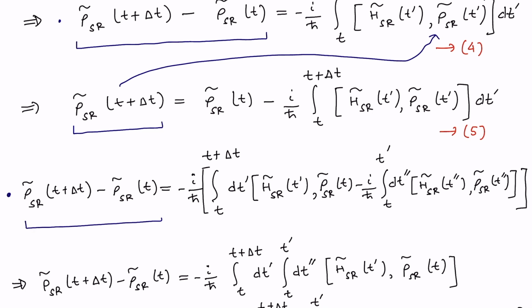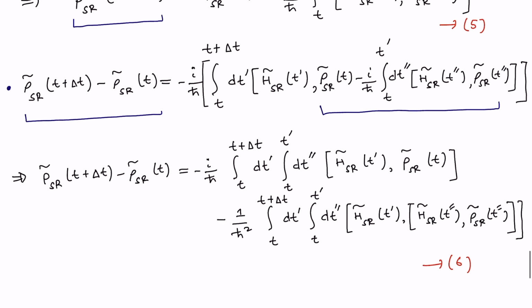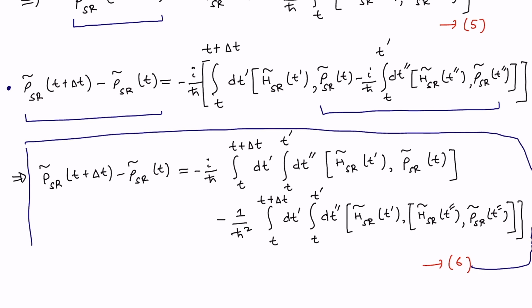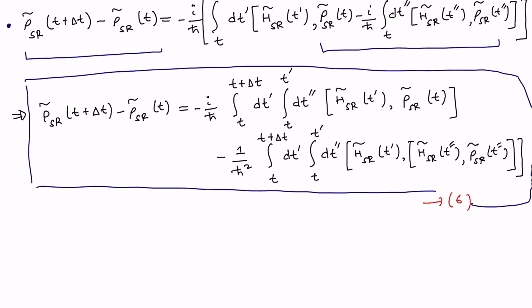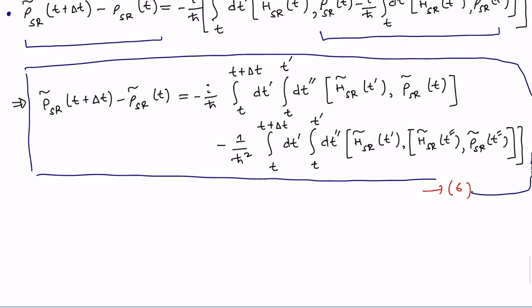I have put the expression for rho tilde SR at t dash utilizing equation number 5 here, and then on the right hand side of this equation we are going to get these two terms. So this is the key expression we finally obtained for rho tilde SR at time t plus delta t minus rho tilde SR at time t. But this is the density matrix.